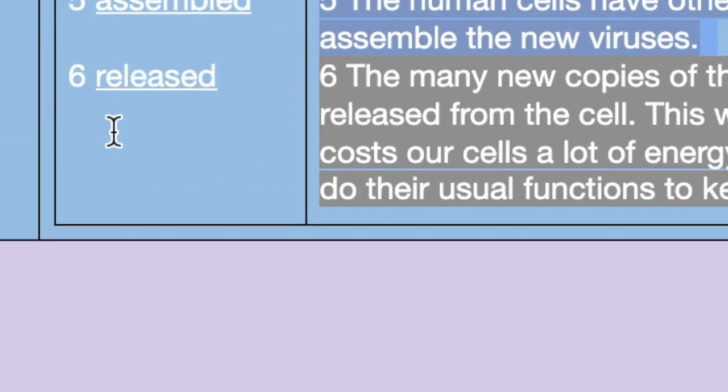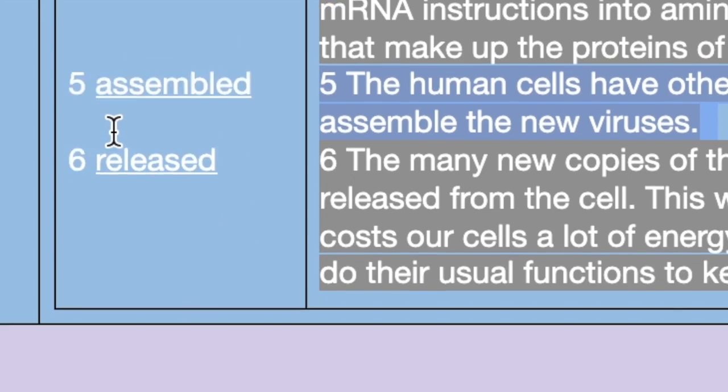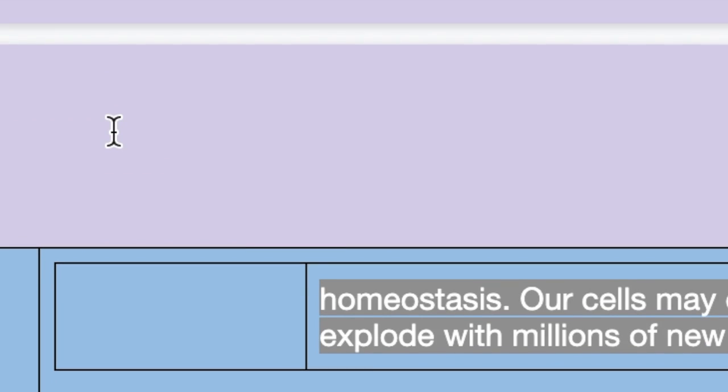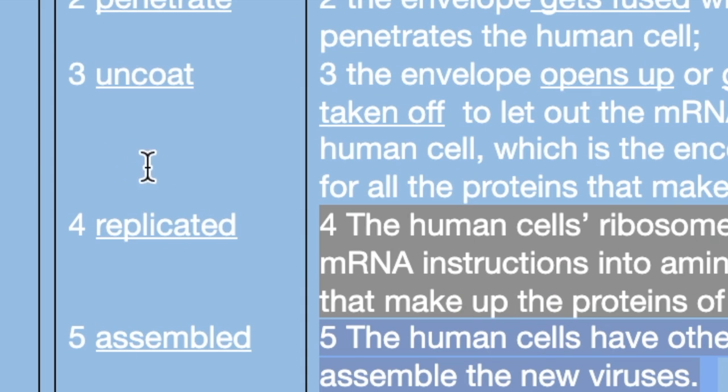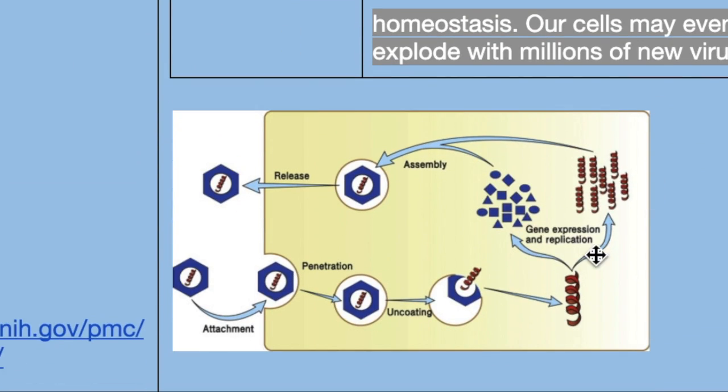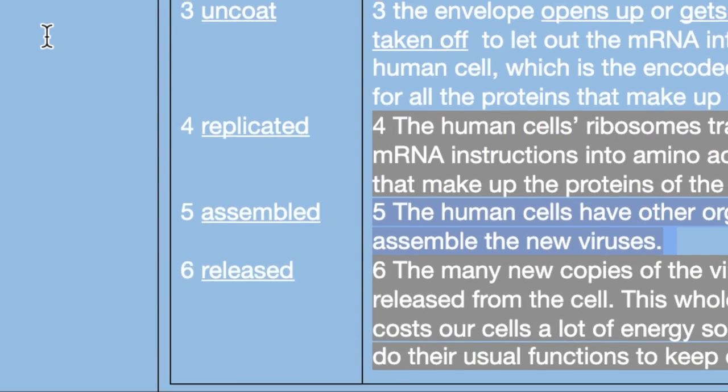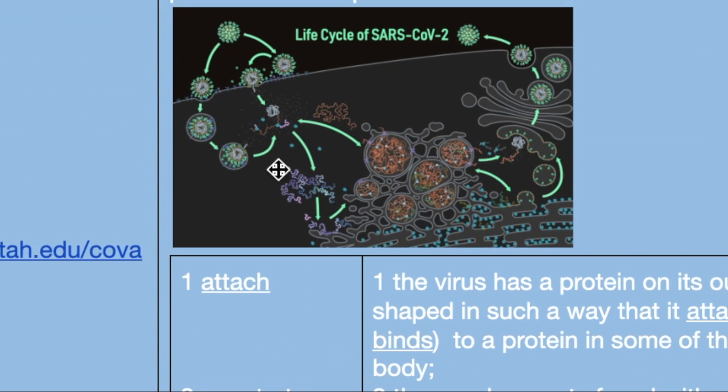Sometimes the words might be slightly different. I can't remember which word was different. Between uncoating and assembly, this says replicated, and you have to look to find the word replication. It has other words as well. And then this one doesn't even have words on it, but I can find each of those things on this one. This is specific to SARS-CoV-2, but I can look through and see how each of these things happen.